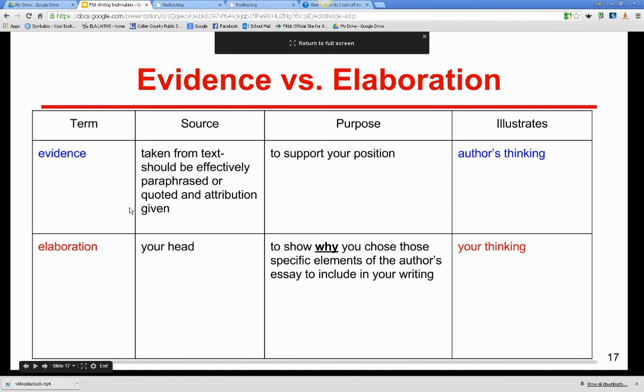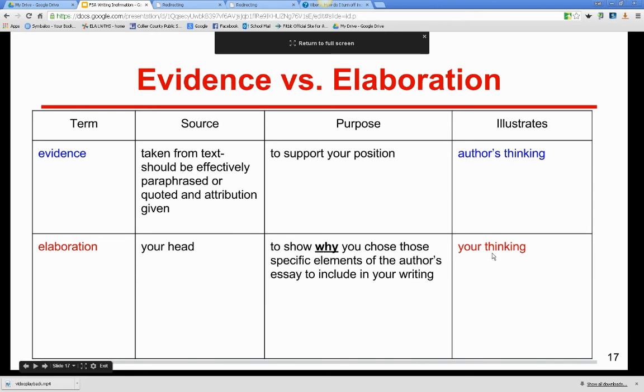The difference between evidence and elaboration is that evidence is taken from the text and it shows the author's thinking. Elaboration or analysis or interpretation, whichever word you want to use, comes from the student's own thinking, and it shows why they chose the specific elements of the author's work to include in their work.